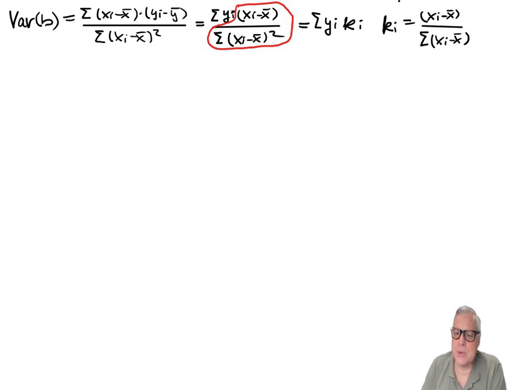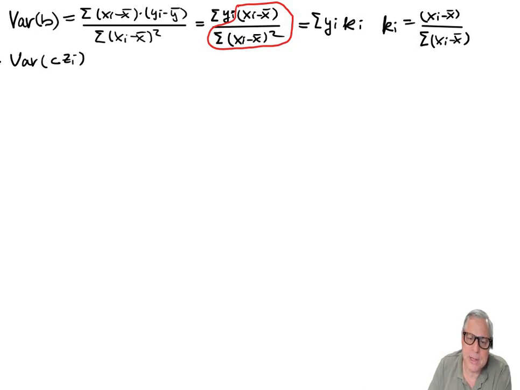Okay, and then also earlier we said whenever we have a constant times a random variable, even though there's some randomness in ki, we treat it like a constant. So now we know that earlier we said that the variance of a constant times a random variable becomes equal to the sum of the constant squared times the variance of the random variable.